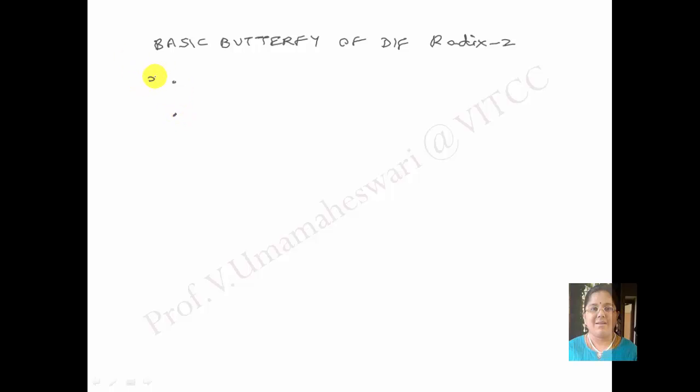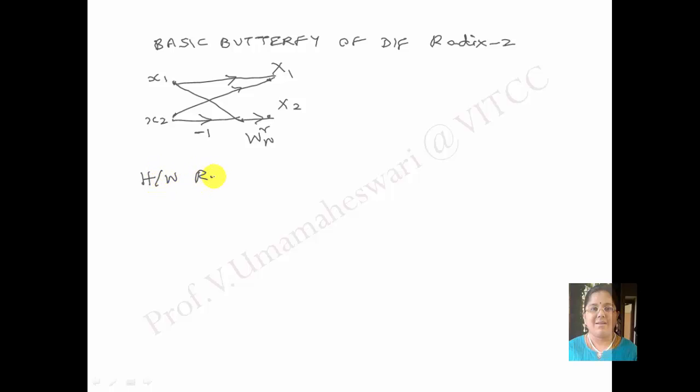So, if you take any 2 points, say x1, x2, the pattern inherent is capital X1 will be x1 plus x2, capital X2 will be small x1 minus W Rn x2.